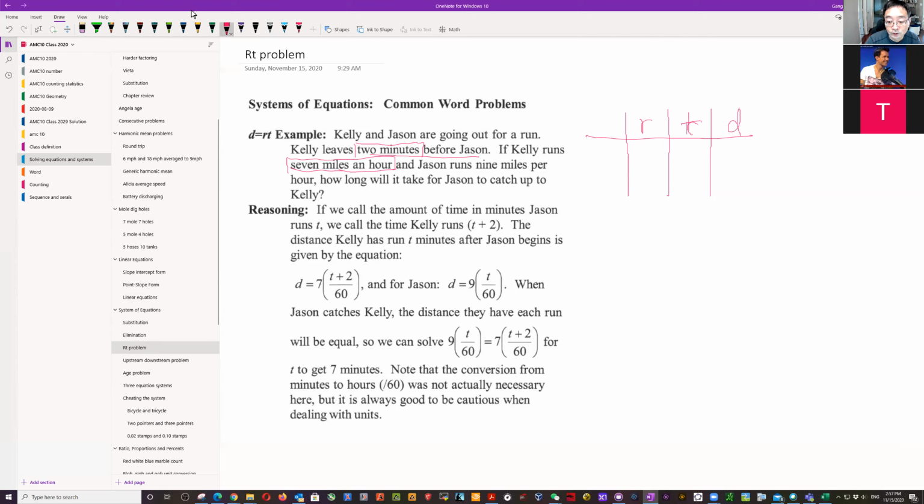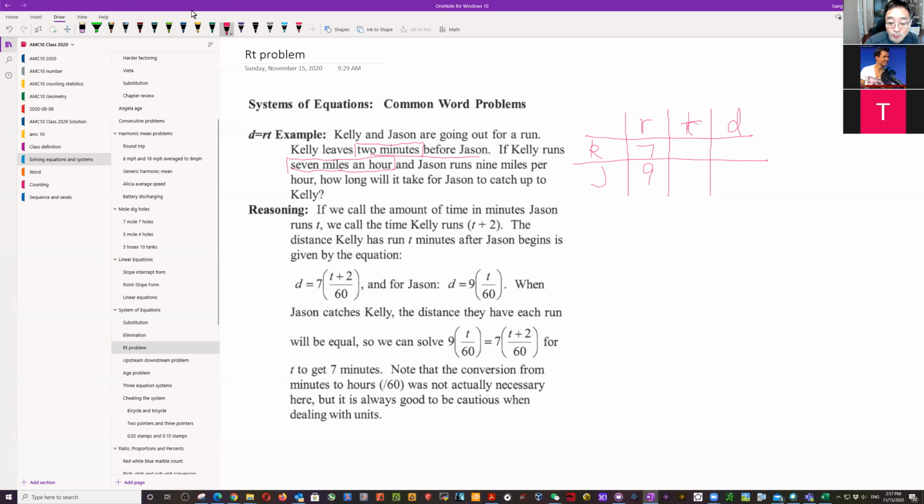So basically, they are covering the same distance. So you can build 2 cases, one is Kelly, one is Jason. Kelly runs 7 miles per hour and Jason runs 9 miles per hour.